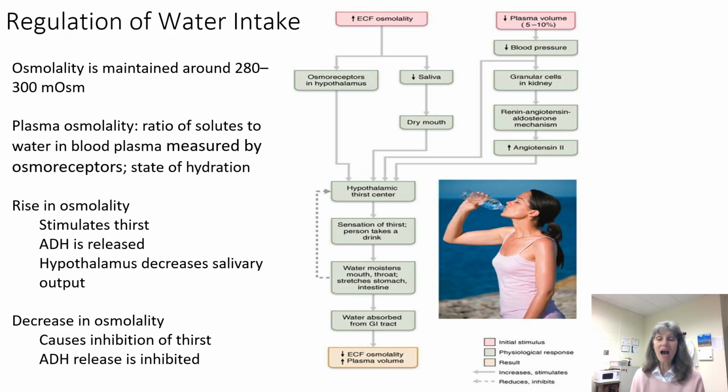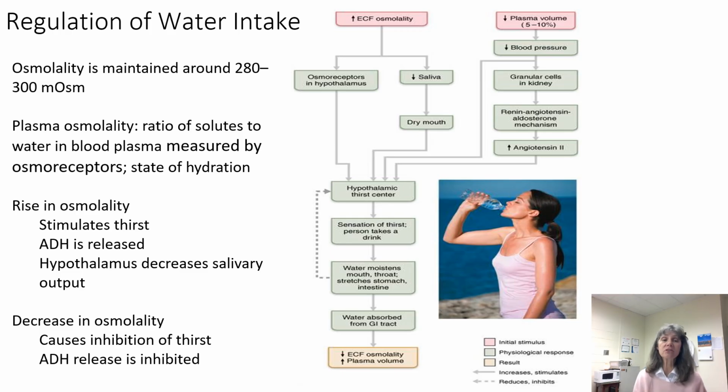When we look at how we regulate our intake of water, understand that our thirst mechanism is the main driving force for regulating water intake. And when we look at plasma osmolality, that's the solute particles per kilogram of plasma, that tells us the ratio of solutes to water in blood plasma that is normally measured by osmoreceptors and reflects the state of hydration in an individual. If there is a rise in osmolality, that means there's more solute particles.